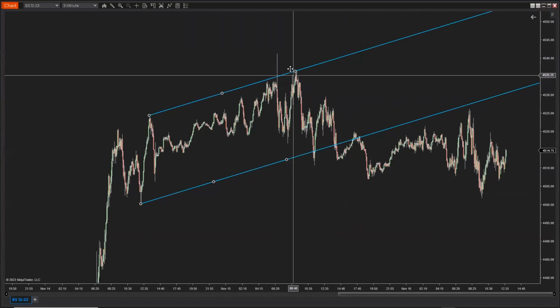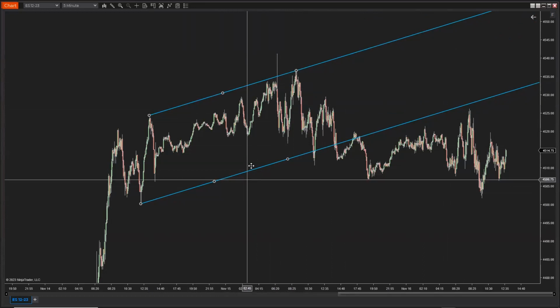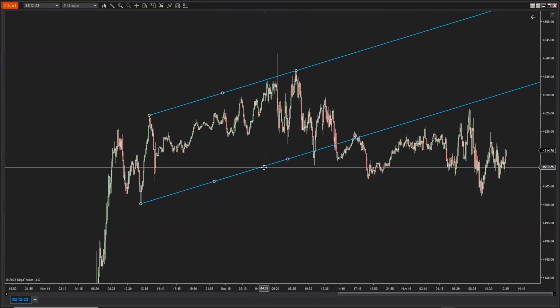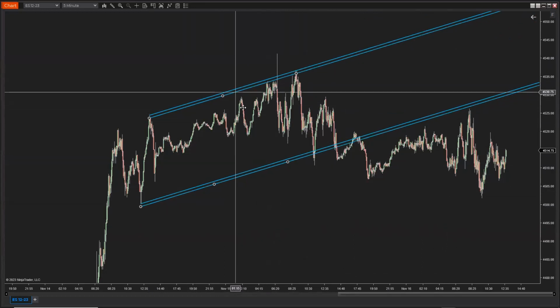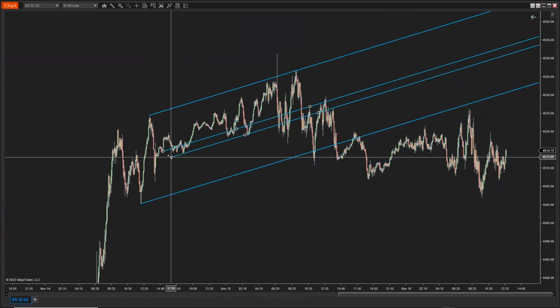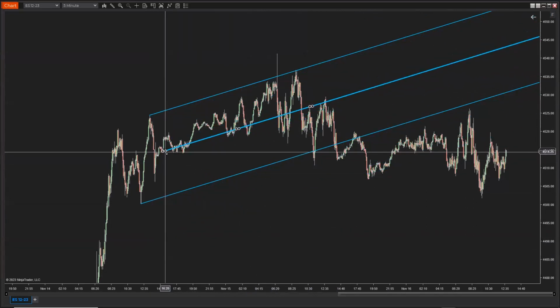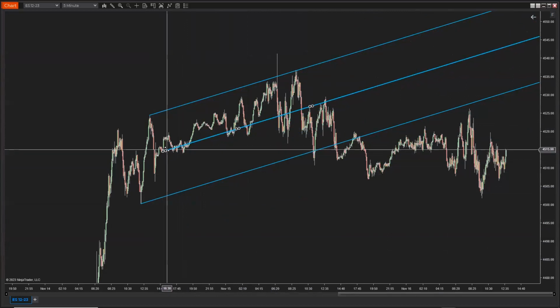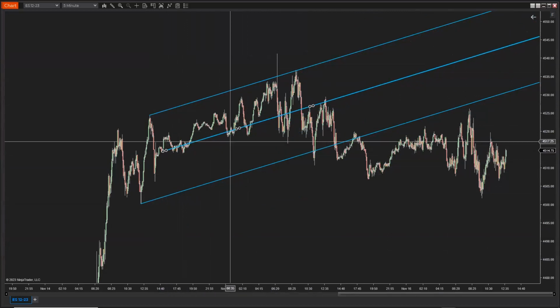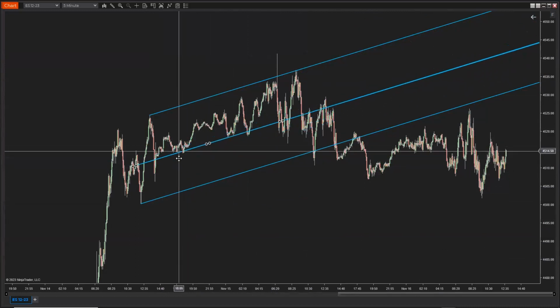So let's draw to this high, right? And then I'm going to create what's called a sliding parallel, which is simply just a line at the exact same slope as that channel.